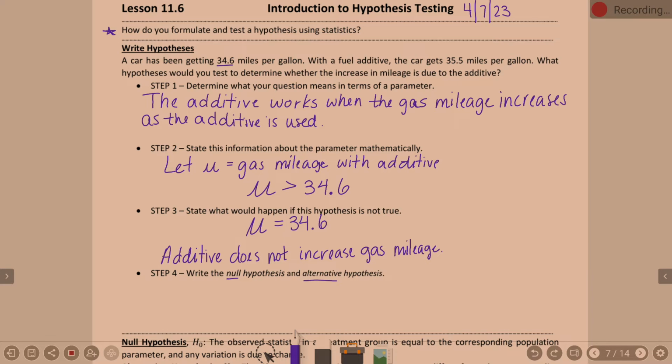Okay. So, step 4. Write our null and alternative hypotheses. Now, officially, we've already written them. It's what we just did on steps 2 and 3. We just have to understand which is which. Let's see. I'm going to start with the null hypothesis.